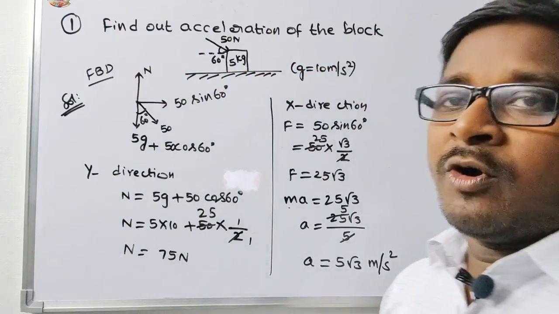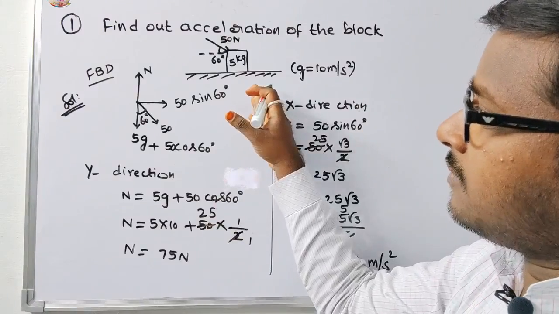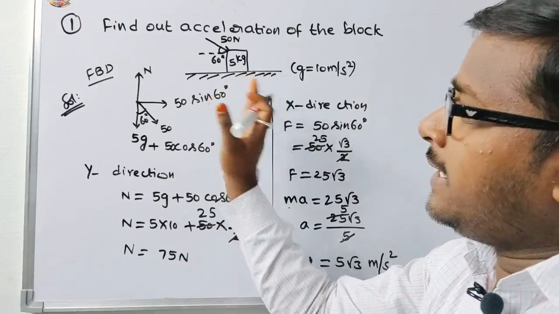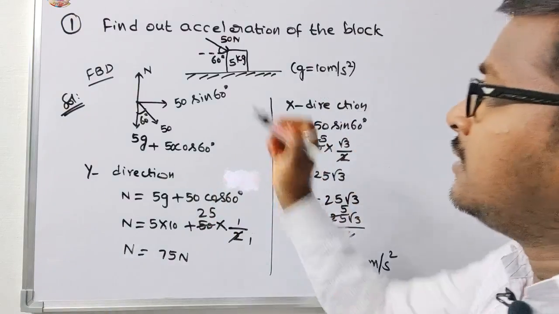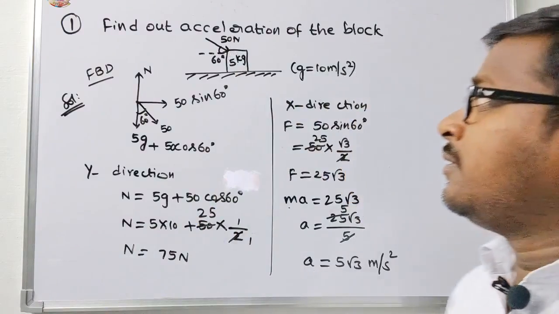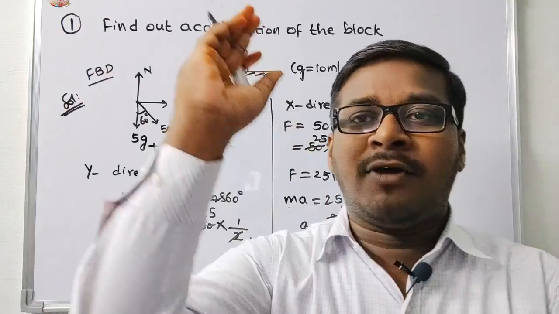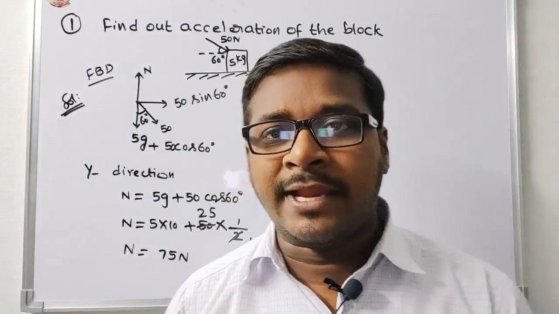Now the free body diagram of this body. The body is moving on a horizontal surface and a 50 Newton force is acting. Two types of forces are acting. The first, the upward force, is the normal force, or reaction force, or normal reaction.